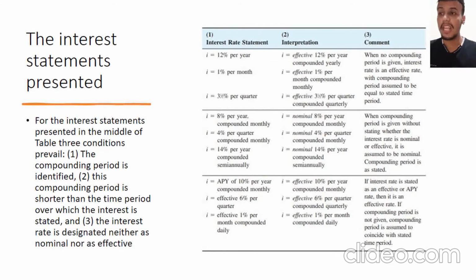The second: the compounding period is shorter than the time period over which interest is paid. The last one: the interest rate is designated neither as nominal nor as effective. We can say this is nominal, like a plan to get the benefit, not effective.